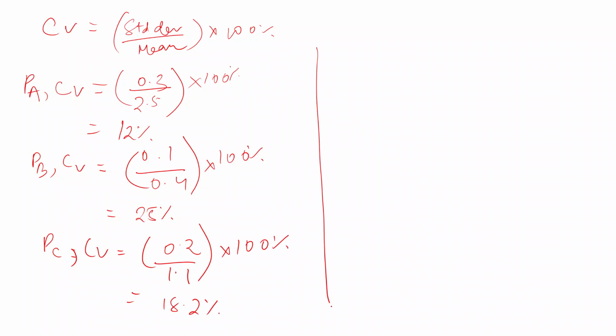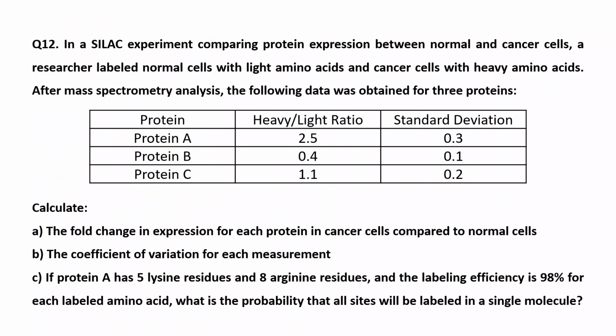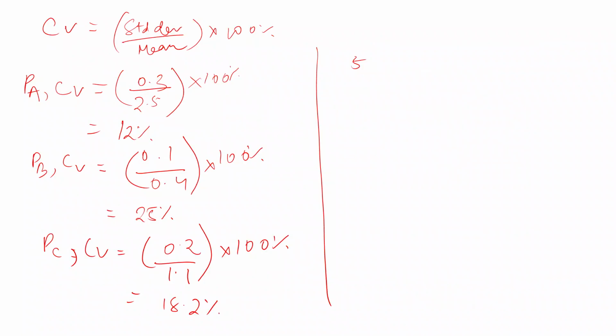The third: the probability that all sites will be labeled in a single molecule. It is written that protein A has 5 lysine and 8 arginine, and we have a labeling efficiency of 98%.